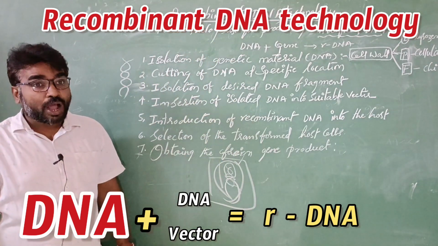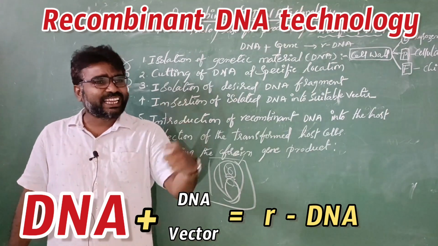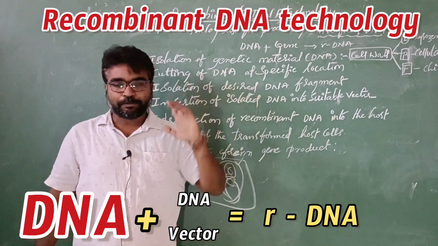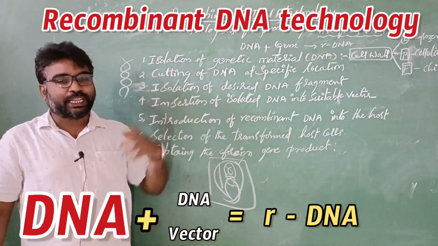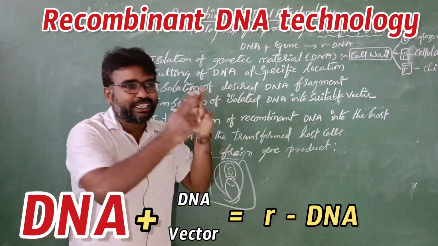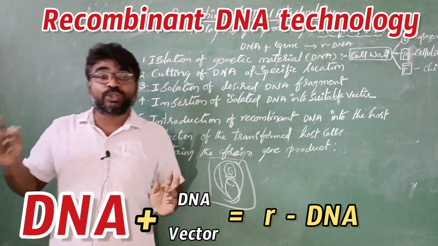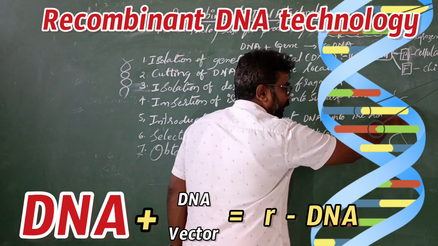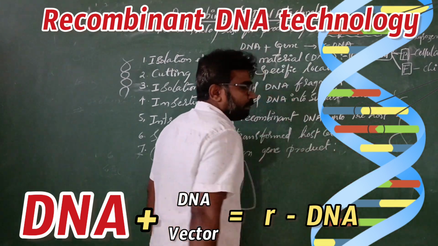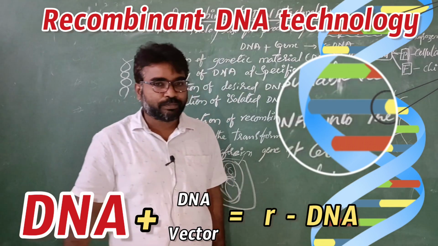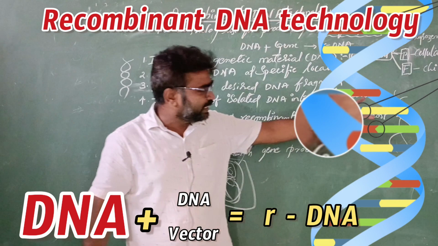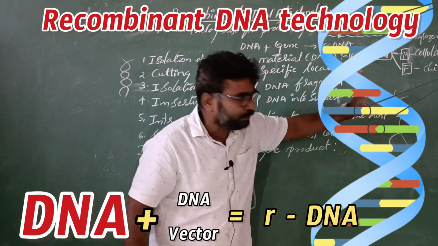Let us see how we may cut the DNA. Whichever gene is present on a DNA, that gene we require, we have to cut it and insert it into another DNA. This is a DNA. On DNA we have a desired segment, desired fragment, desired piece. In that we have this information.